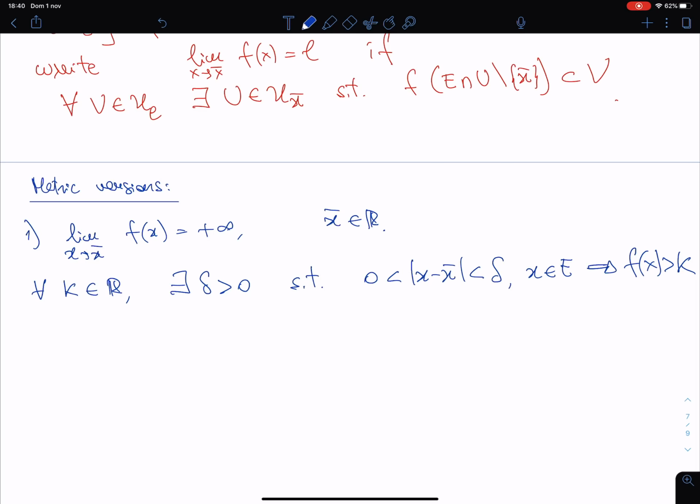This is the definition as f diverges when x goes to a finite point.